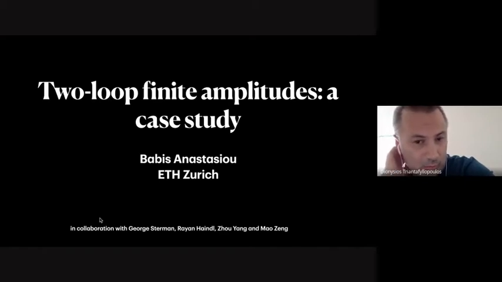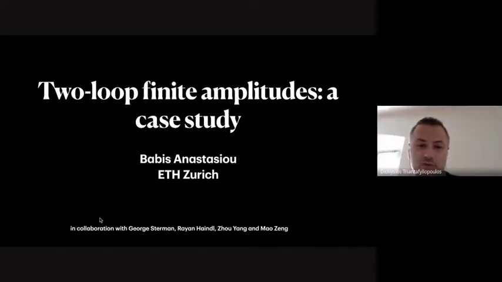He's working on perturbative quantum chromodynamics with an emphasis on applications to collider physics phenomenology, and he's one of the experts in doing calculations for the precision Higgs physics program at the LHC. So today he's going to talk about some new techniques. I let him present what he has done recently.